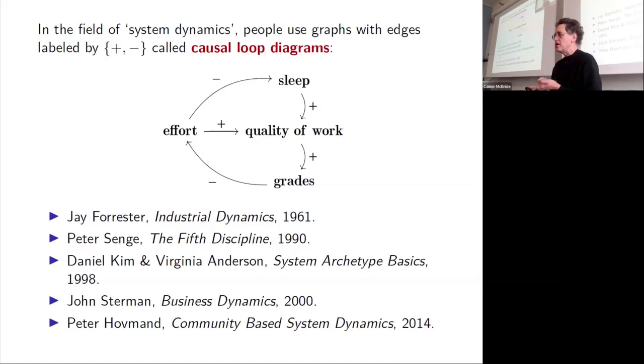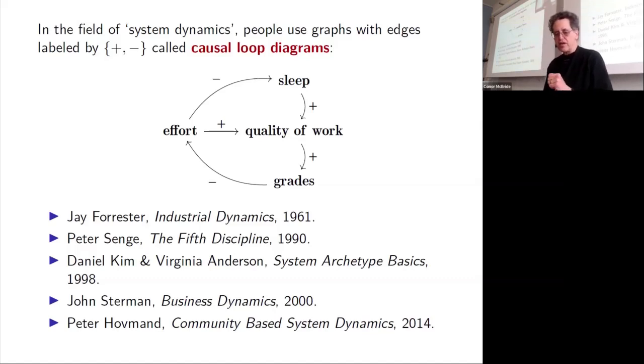But I find a kind of spin-off of that book much easier to extract mathematics from. This book, by Daniel Kim and Virginia Anderson, called System Archetype Basics in 1998, was really an eye-opener to me, because they introduced some very simple causal loop diagrams, which they call system archetypes, which are basic ways that a system can behave.